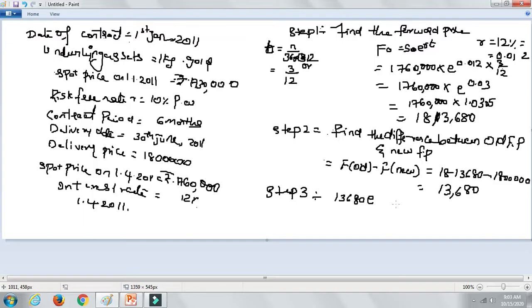Now we are going to do e power again, because we need to calculate the e power of the current one, because we are calculating on that day, on April 12. So 13,680 into e power, the same, it will be 0.12 into 3 by 12.